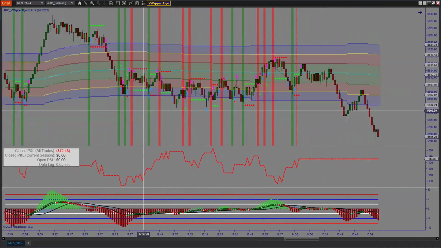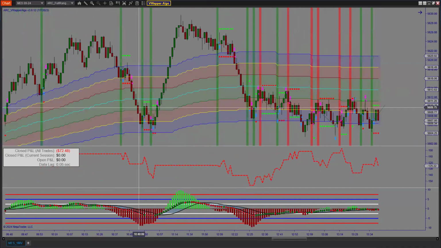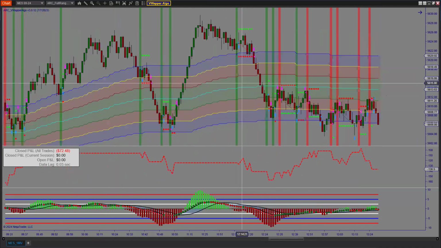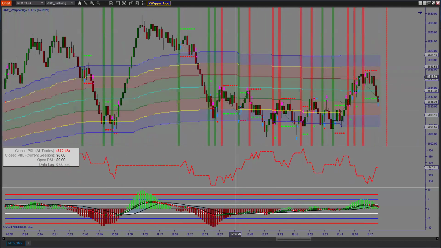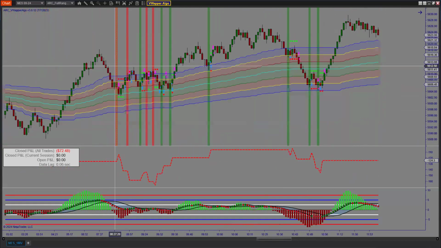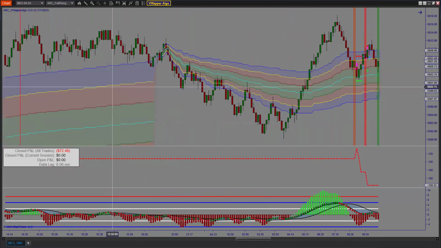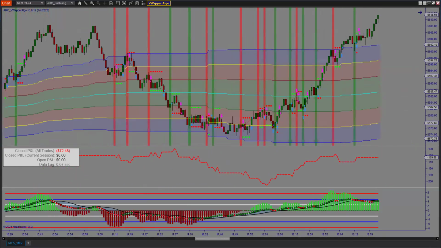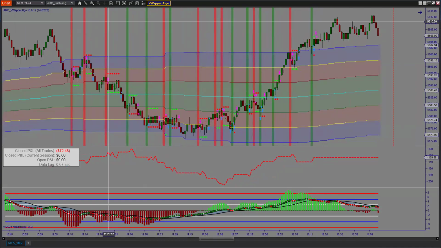So as a hint, if the VWAP is sloping up, you should probably take longs. If the VWAP is going sideways, you should probably trade reversals. If the VWAP is sloping down, you should probably take shorts. So cool.